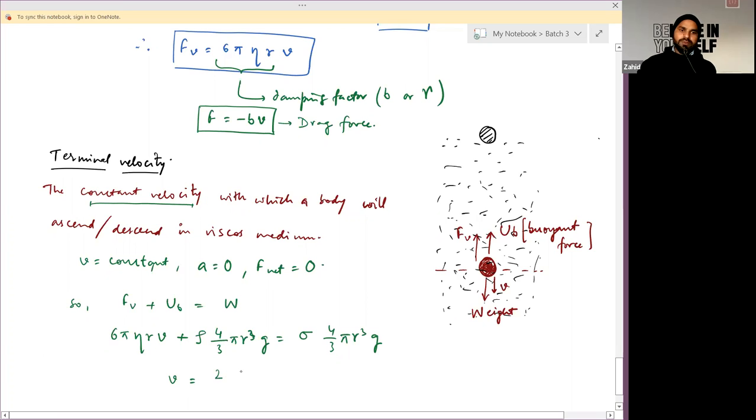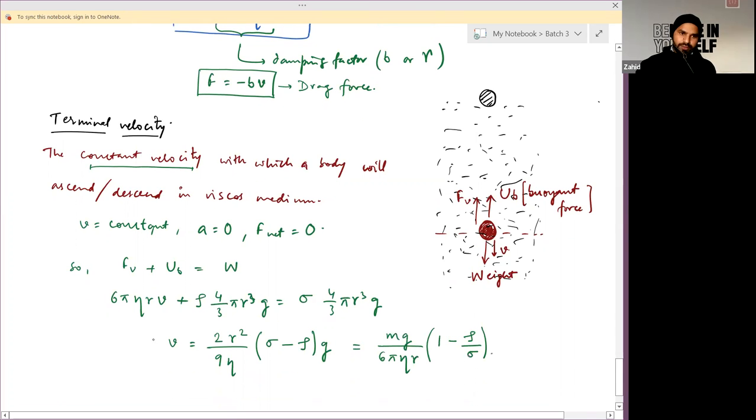So it will be 2 times r square by 9 times eta, bracket, sigma minus rho, times gravity. Or in terms of mass, you may write it as mg divided by 6 pi eta r, bracket, 1 minus rho by sigma. So you may learn this terminal velocity in terms of mass or in terms of this.